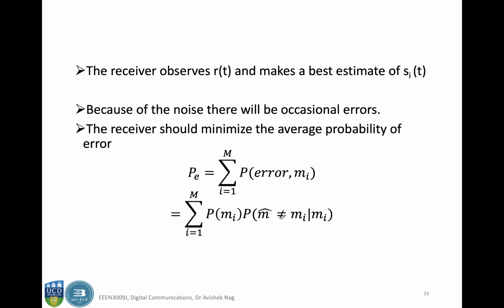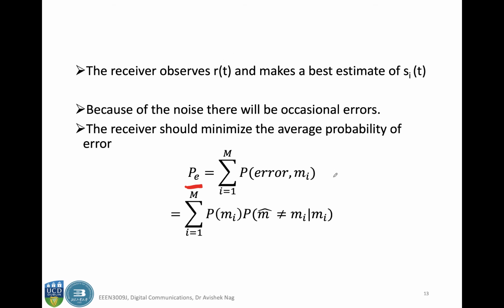And the receiver should minimize the average probability of this error. So this is very important. This is basically true for any communication system. When you design a communication system, the ultimate goal should be to have this probability of error as low as possible, close to zero if possible.